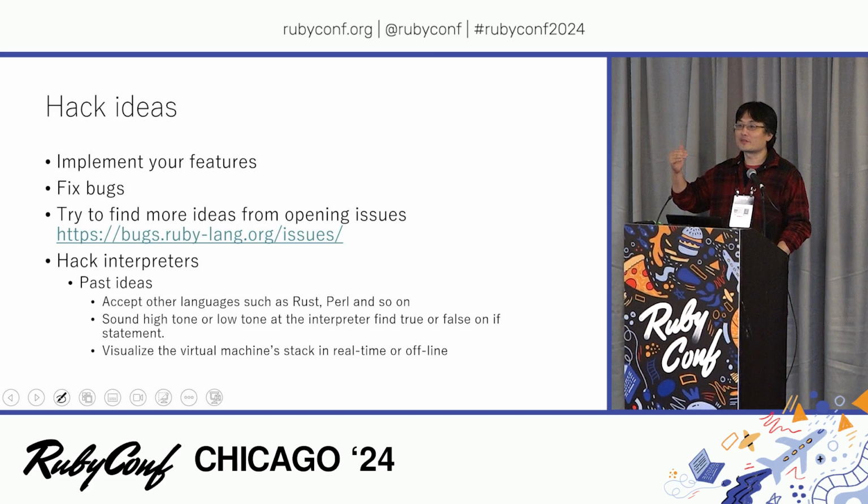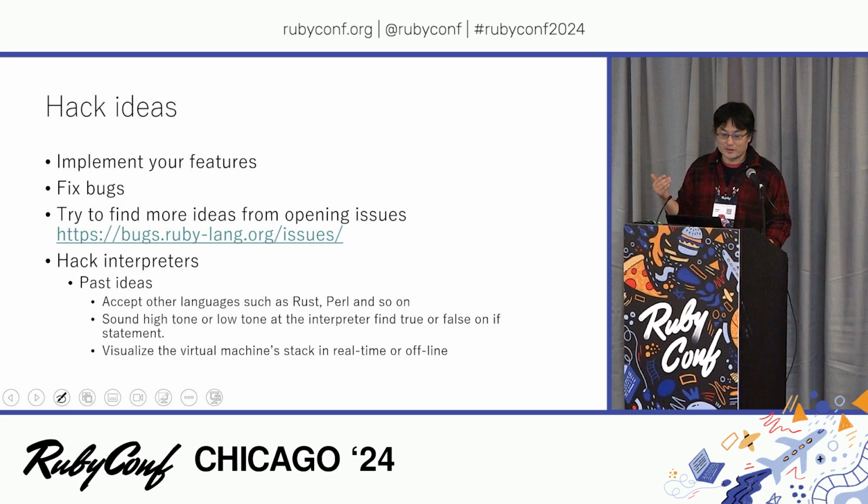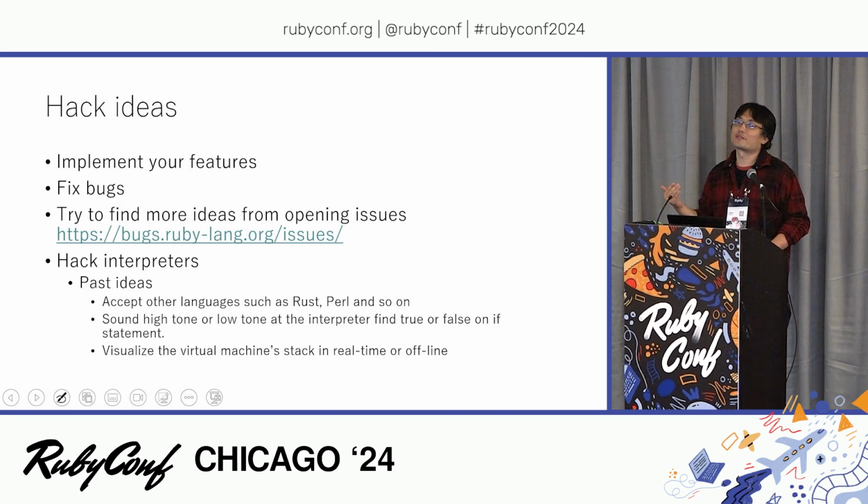This page shows hacking ideas. If you have a favorite feature, there is no problem, so please try to implement that or fix a bug. You can find bug reports or feature requests on this website, the Ruby issue tracker.